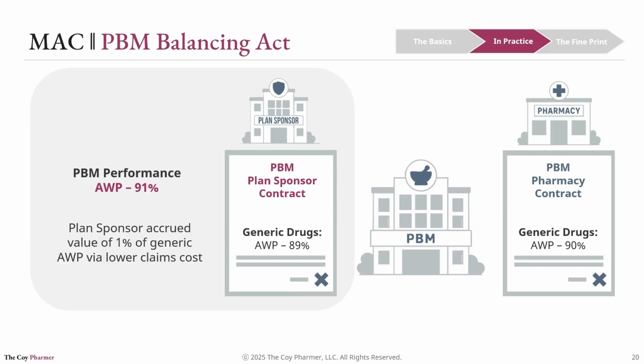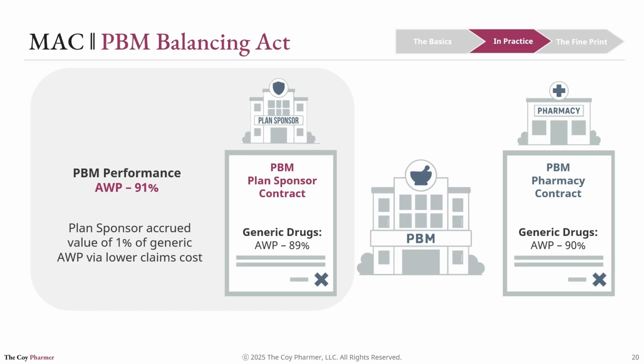In another example, the PBM may also overperform. And in the case of overperformance, a lot of PBM contracts with plan sponsors give the overperformance to the plan sponsor. So, in other words, the check that the PBM wrote to the plan sponsor in the first example would not be reciprocal in nature. So, the PBM guarantees to the plan sponsors are typically a minimum level.